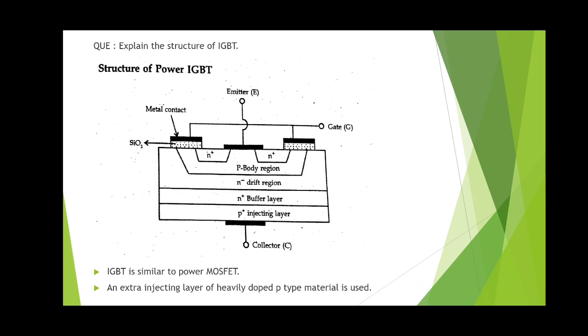So here we can see P plus injecting layer, then N plus buffer layer, N minus drift region, P body region, then N plus region, emitter which is also called source, then gate is there, metal contact is there. The gate is not directly connected but through the SiO2 layer. Collector or drain terminal is present.